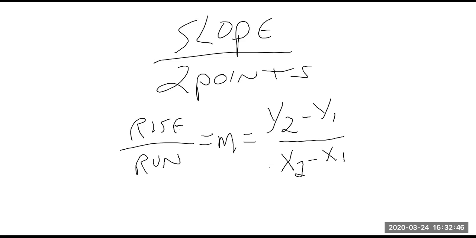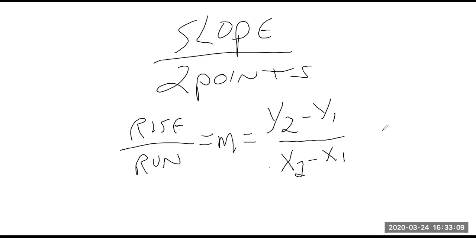So you take the 2 points and you take the y value from each point and you subtract them, put them in the top. In the bottom, you take the 2 x values and subtract them. Now, I'll give you a second to make sure you write this down. I am recording this so you can play this back anytime you want to.